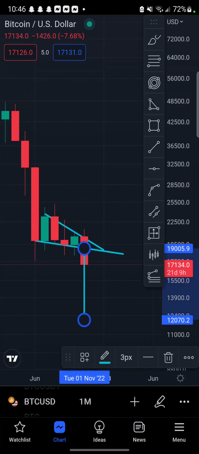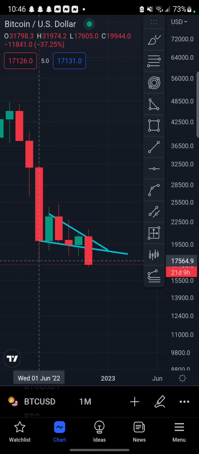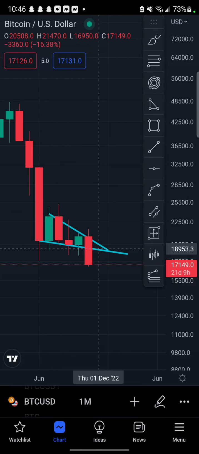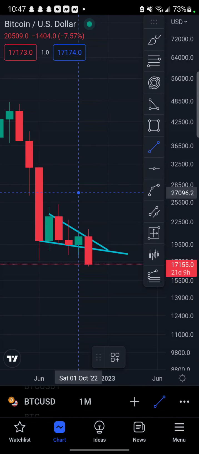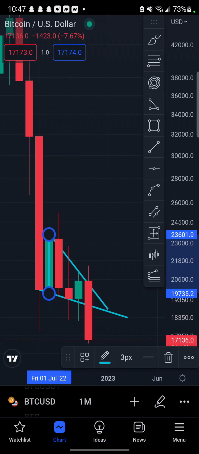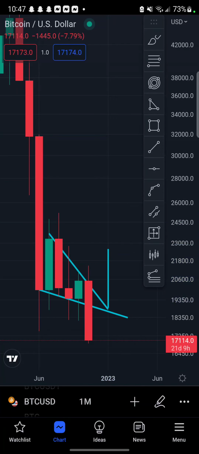Now, say Bitcoin decides to start rising back up and gets above the low back in June and gets back in the channel around 18,900. Clearly, we could head up higher from there, and we would just take the tops and the lows from this candle over here and add it over here.